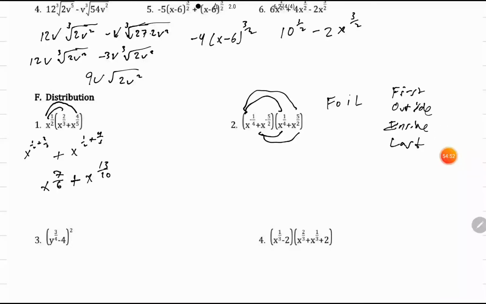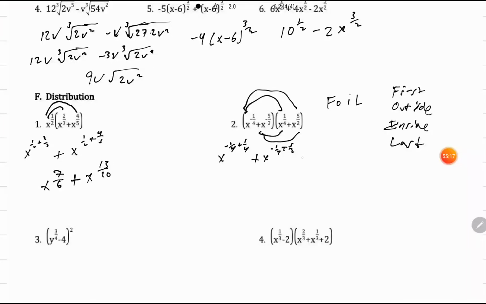Okay. x to the negative 1/4. So we have x to the negative 1/4 times x to the 4th, which is the same thing as plus 1/4. Then we have plus x to the negative 1/4 plus 5/2.